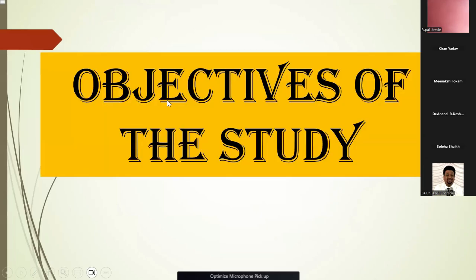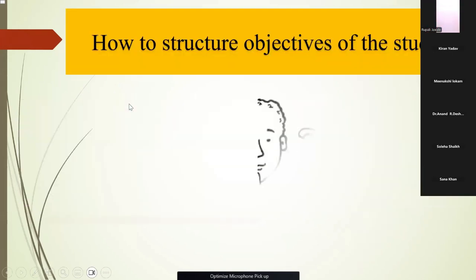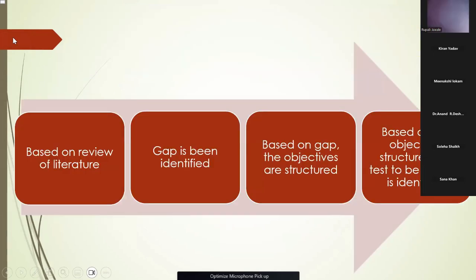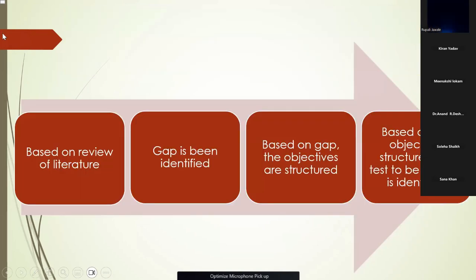Yes, starting with objectives. First of all, I would like to ask you, yesterday there might have been a session regarding identification of a gap, isn't it?